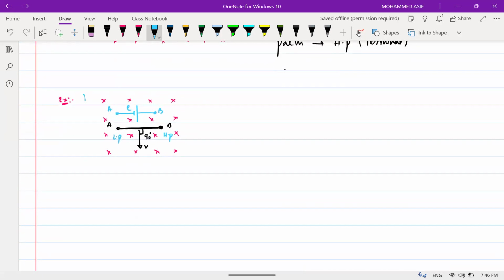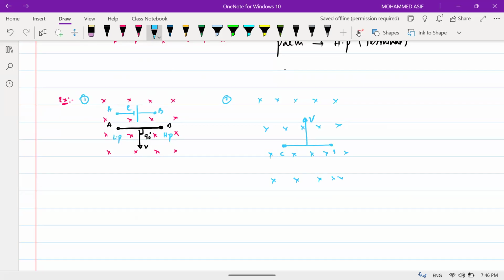Yes, sir. Reminder, if the magnetic field is into the paper, and if there is a wire which is moving in this direction right now, and now it is moving in the upward direction with the velocity v.